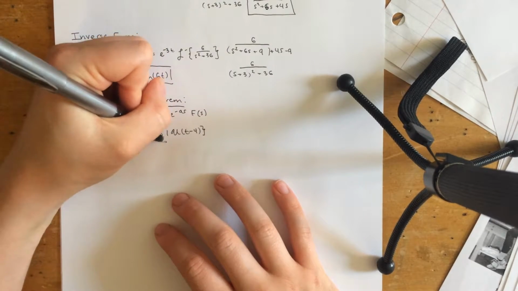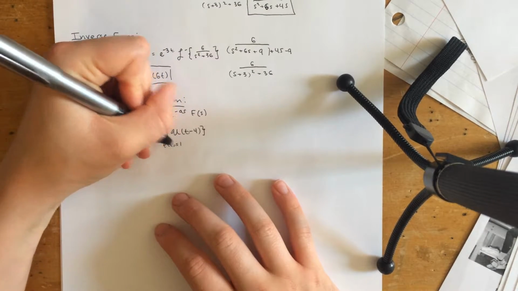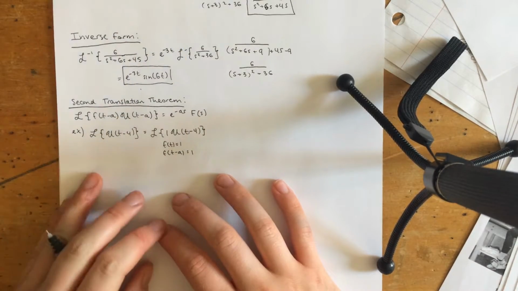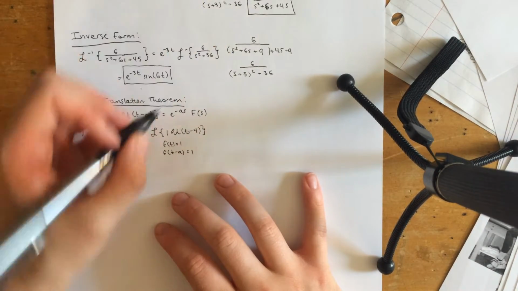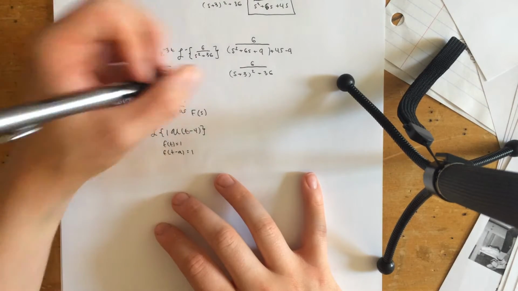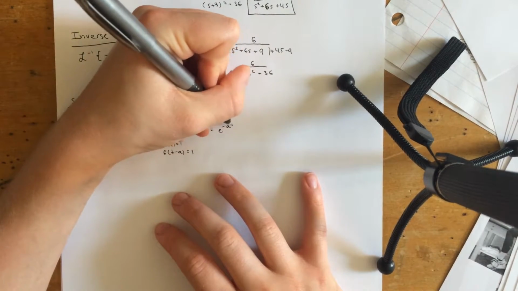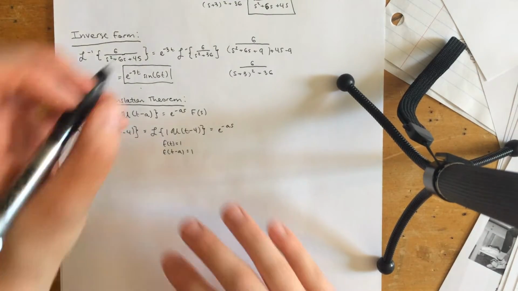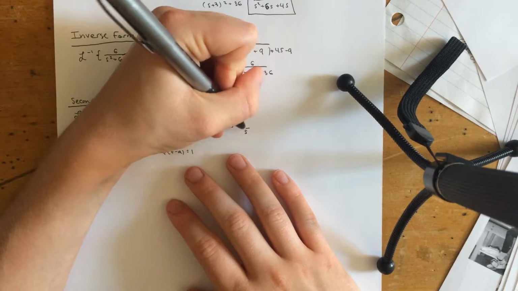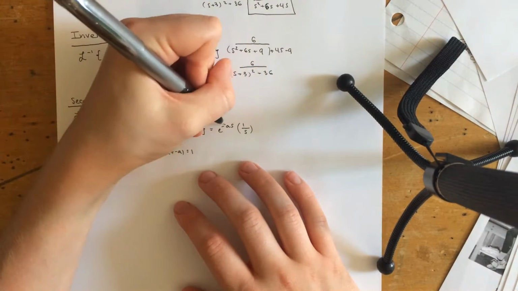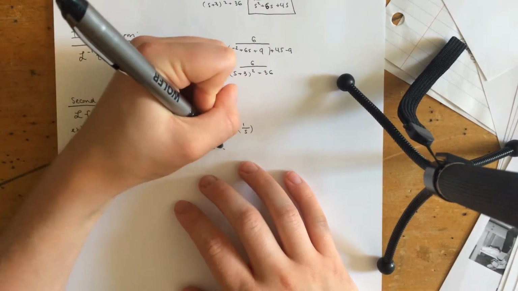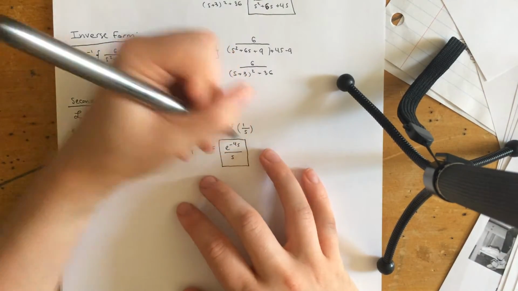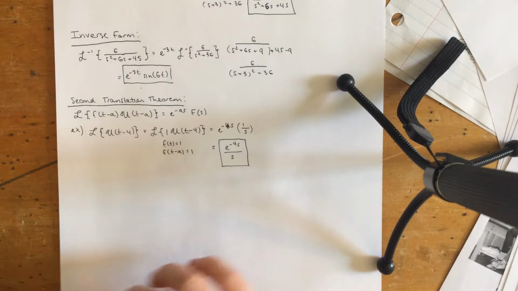If f of t equals 1, f of t minus a is still 1. So we can bring out the e to the negative as, where a equals 4, and the Laplace transform of 1 is 1 over s. Sorry, that should be a 4. Multiplying them, we get e to the negative 4s over s. So that's how that works.